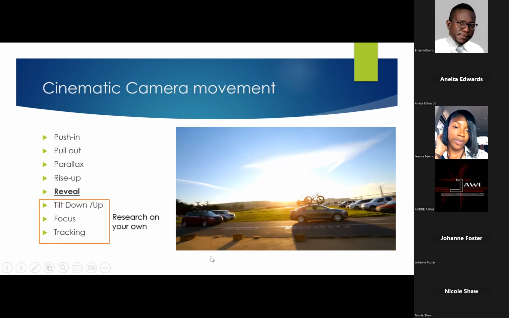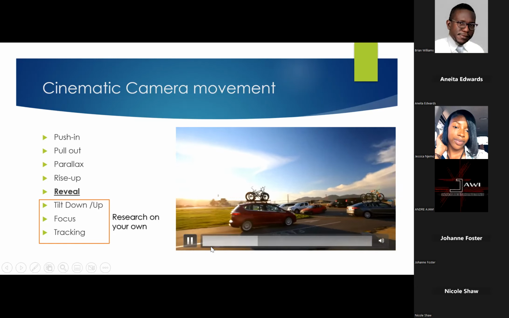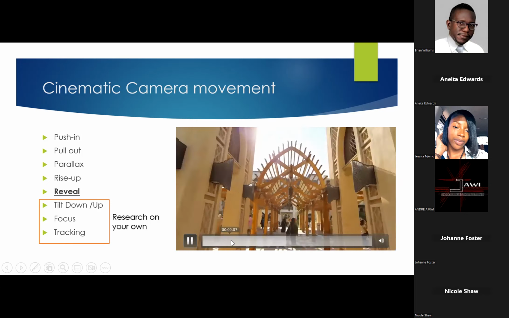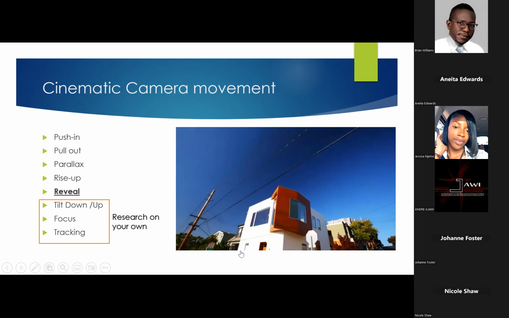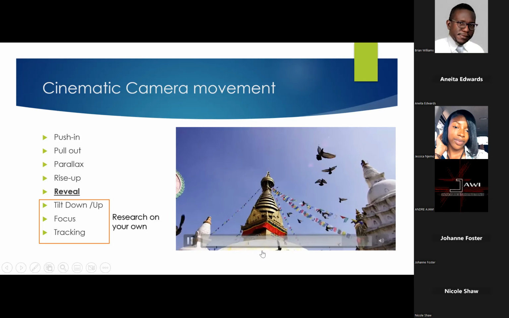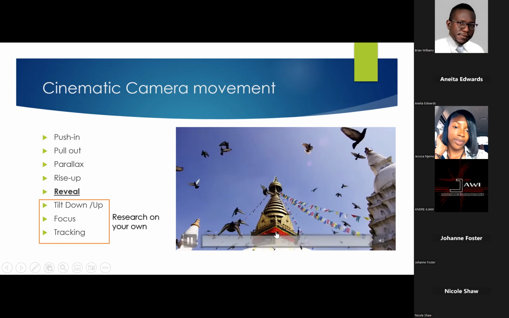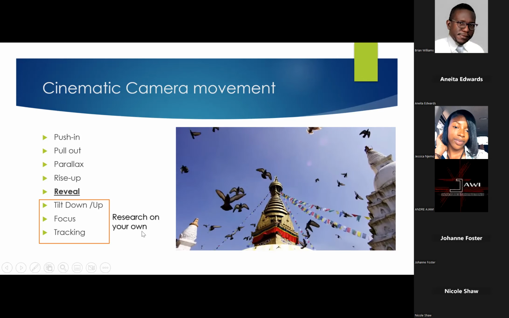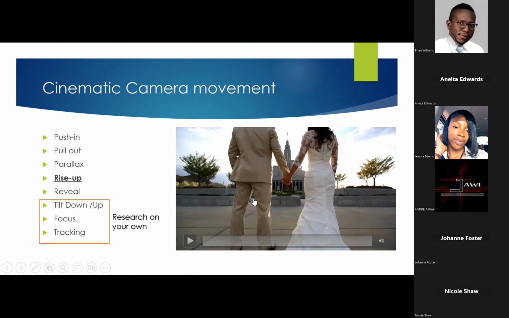And I'll usually only use this shot if there's something looking upwards to glide against, like buildings or power lines, or in this case, the birds just kept coming, so I never even looked. So, for example, the reveal shot is very similar to the, well, it's not that it's very similar, but these two are, no pun intended, like husband and wife, right? Rise up and reveal are typically used together.